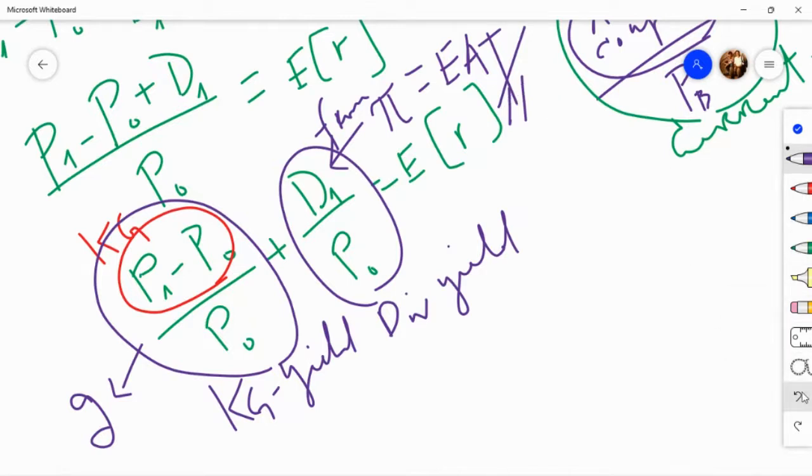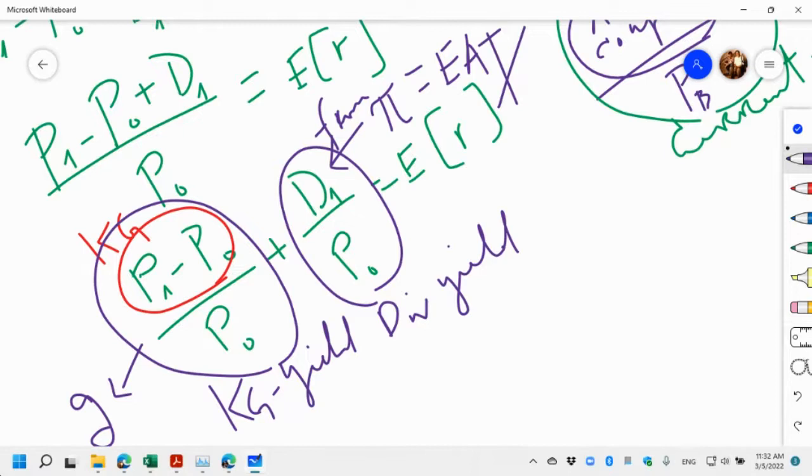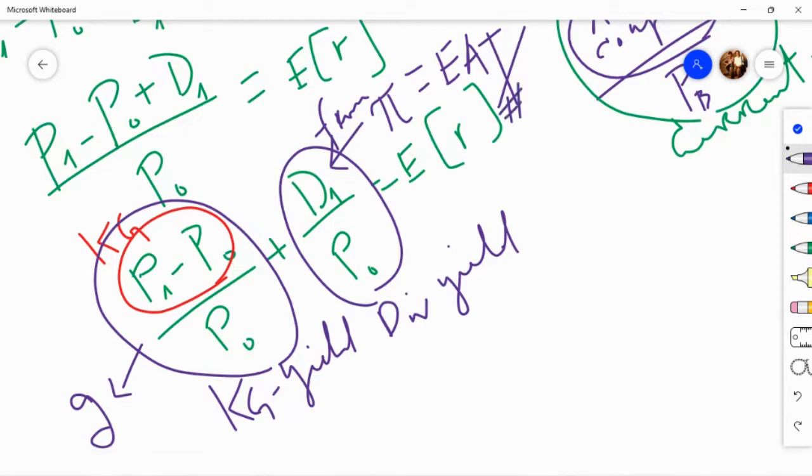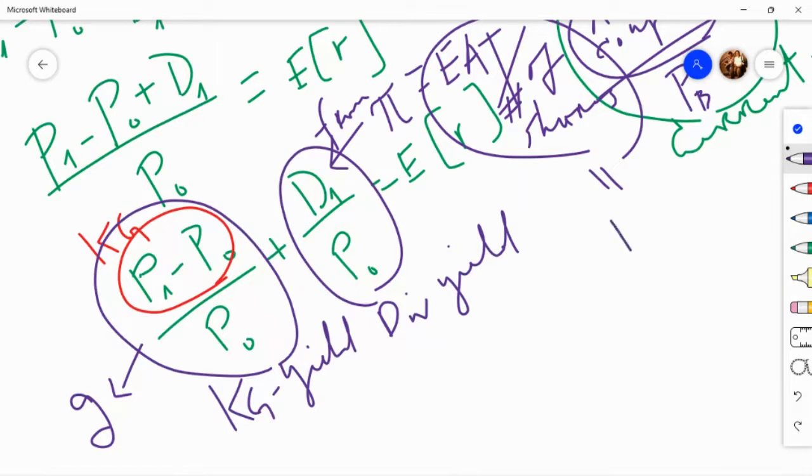If you divide EAT, earnings after taxes, by the number of shares, what should it be called? Earnings per share.